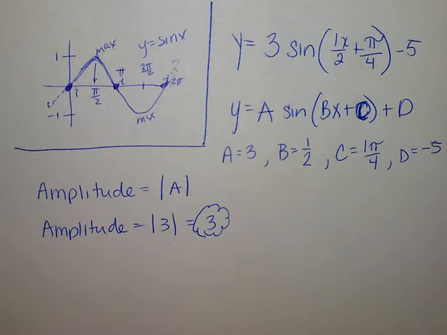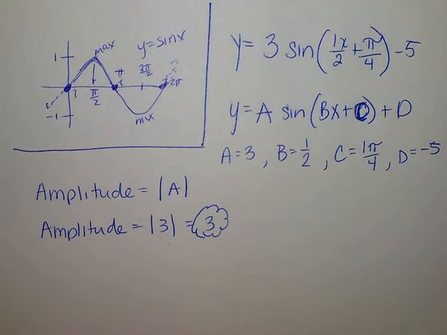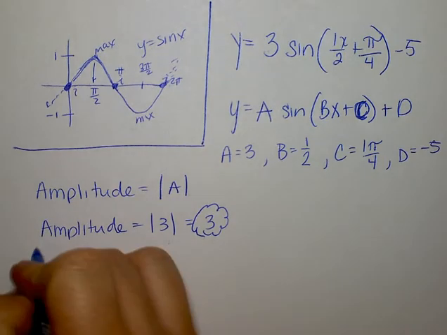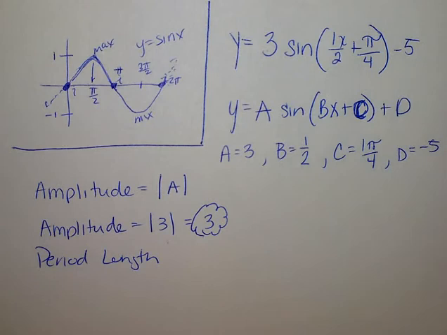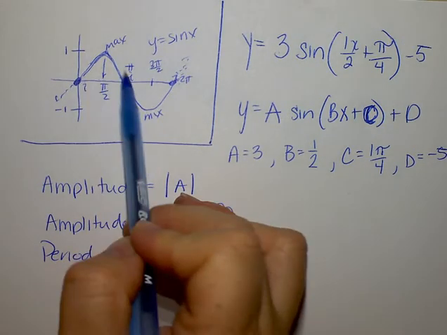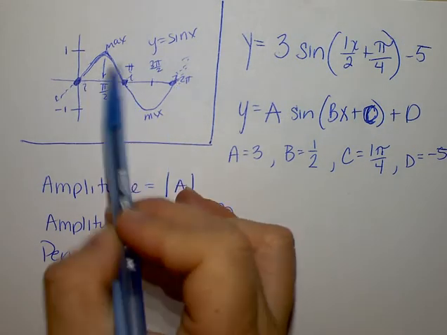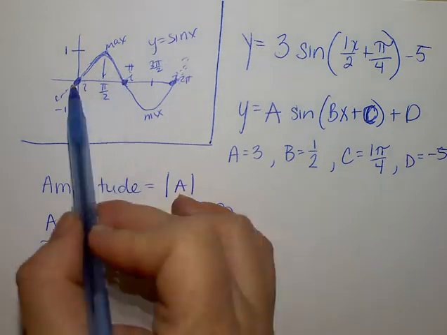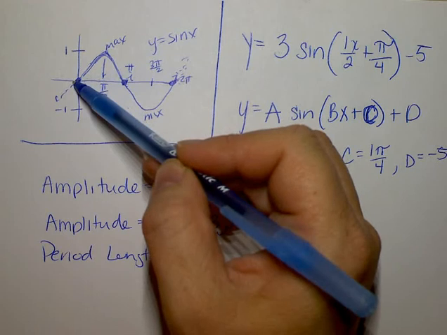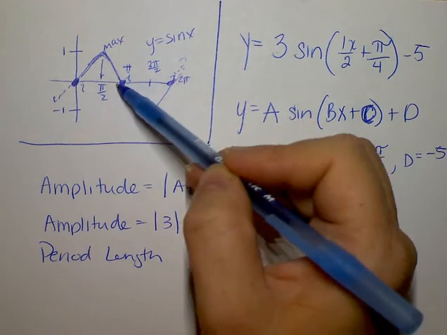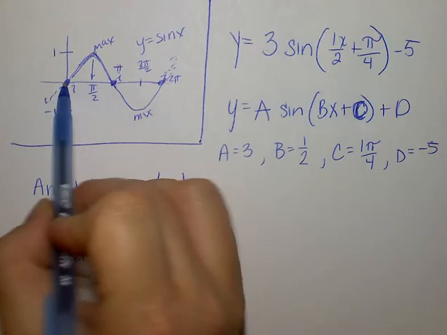The second thing on the list is to identify the period length. So this particular sine curve, which is the parent function of a sine curve, has a period length of 2 pi. So to do this basic shape of going up the hill and then down in the valley takes a distance of 2 pi.